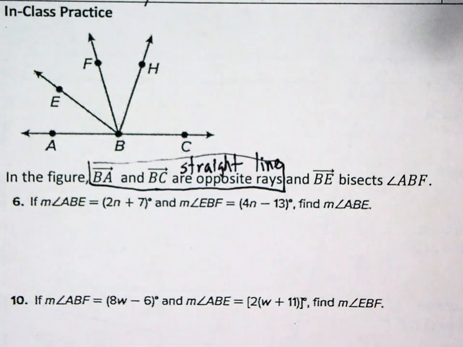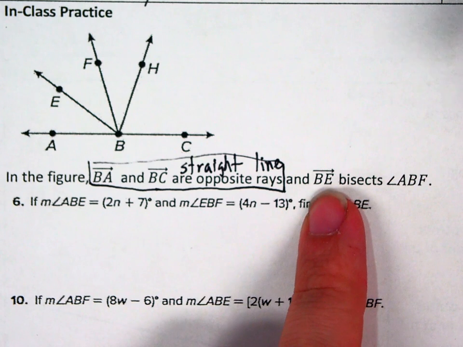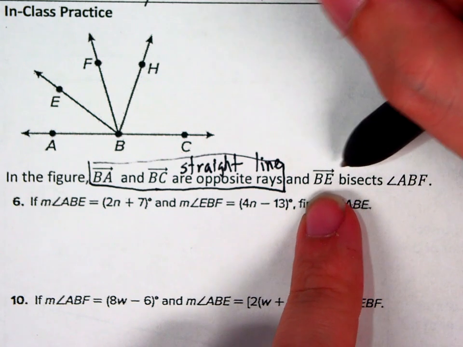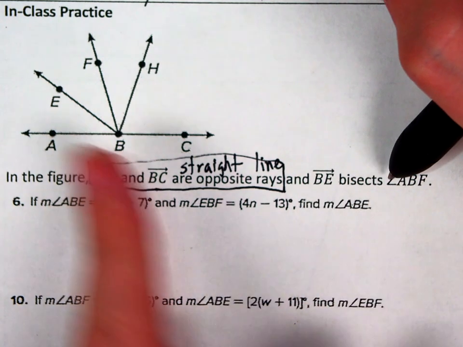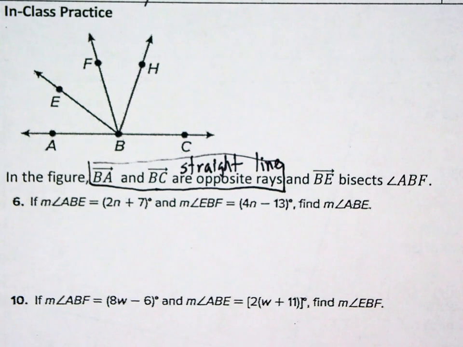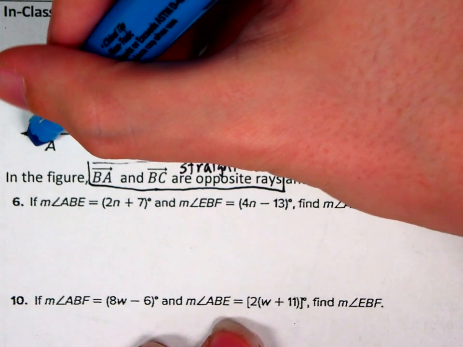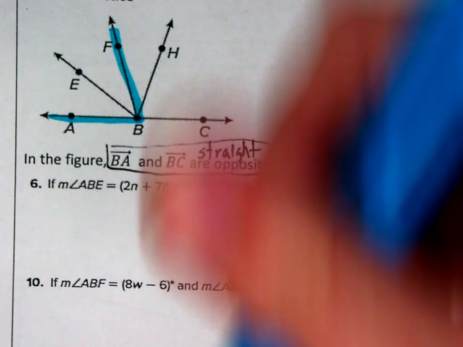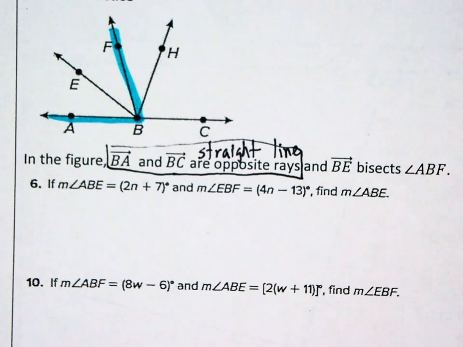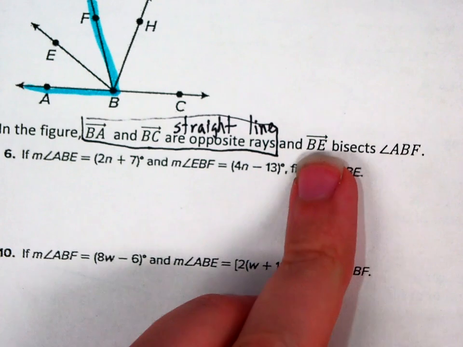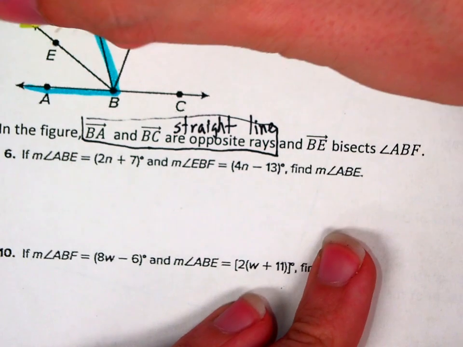But more importantly, ray BE bisects angle ABF. We'll highlight that briefly. So we've got our angle ABF, and we have BE bisecting it.